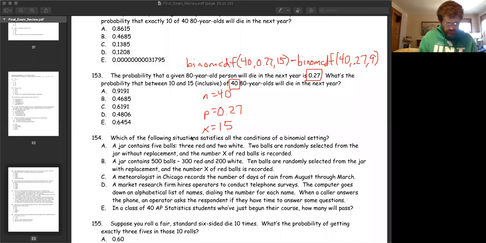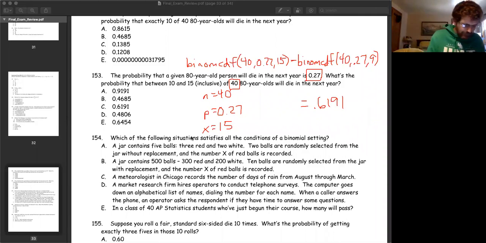We can calculate that real quick. And I got 0.6191 when I did that.